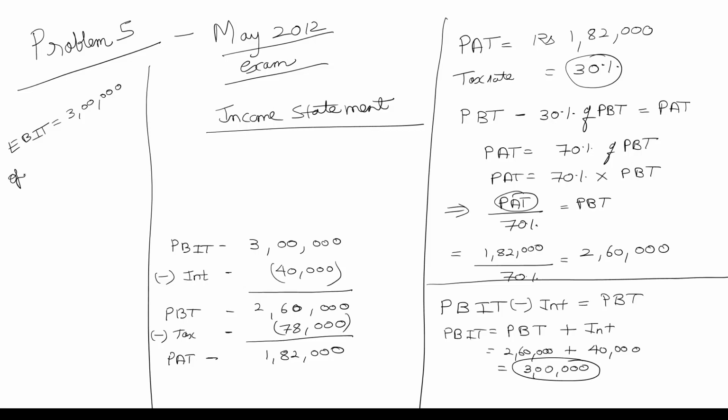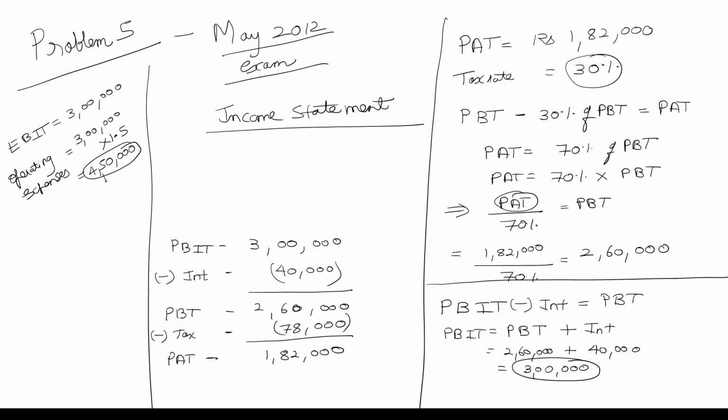That means my operating expenses is going to be 1.5 times of my EBIT, which is basically 3 lakhs into 1.5. So if I know the EBIT, I know that my operating expenses is 1.5 times of that, which is going to be 4,50,000. So the total operating cost is going to be 4,50,000.